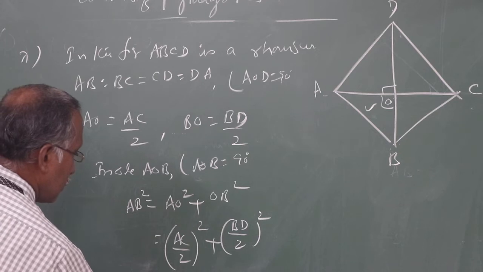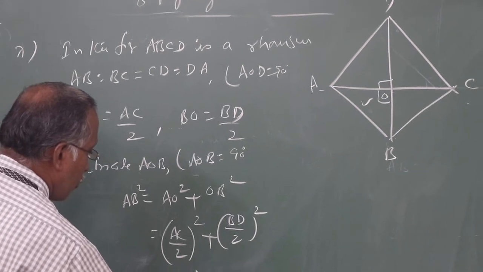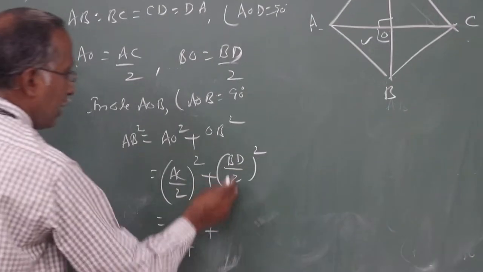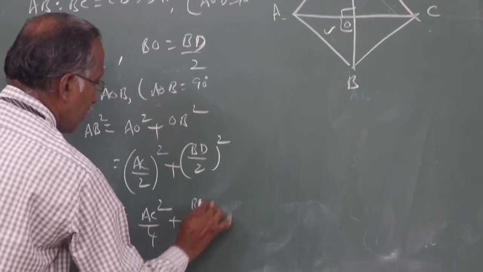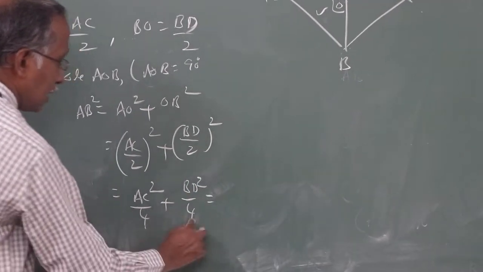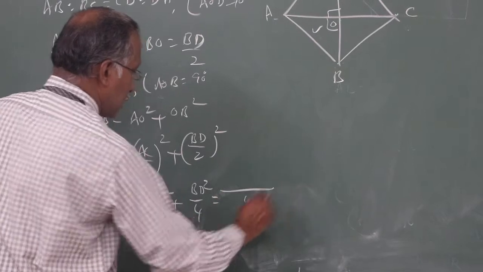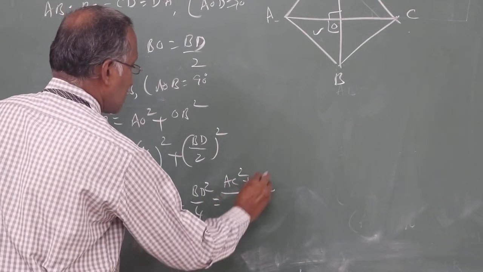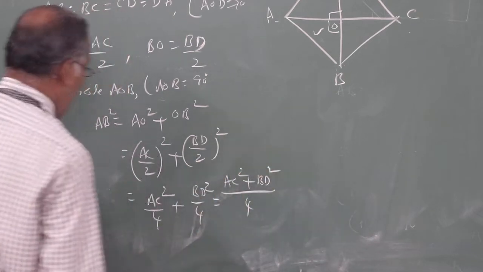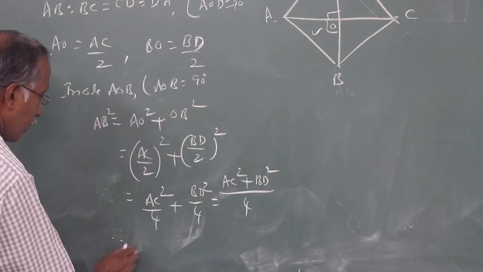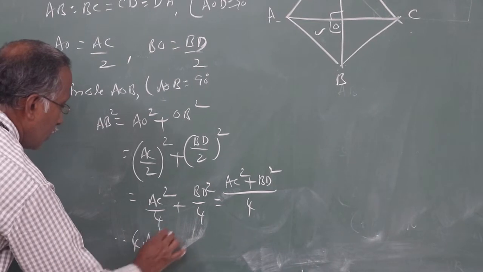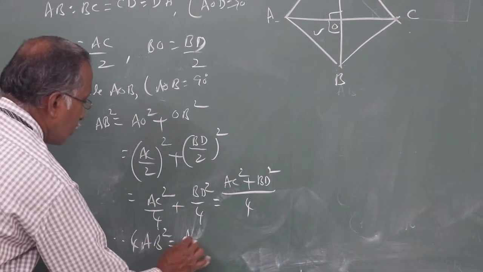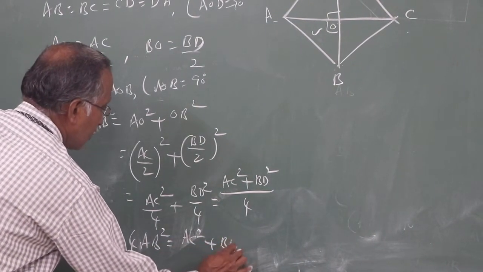This is equal to AC square by 4 plus BD square by 4. Take the LCM, 4 is the LCM here. Then you can get AC square plus BD square. Do the cross multiplication, therefore you get 4AB square equals AC square plus BD square.